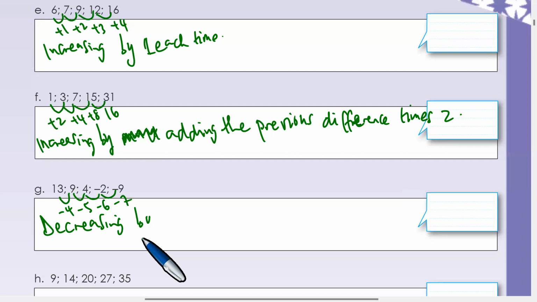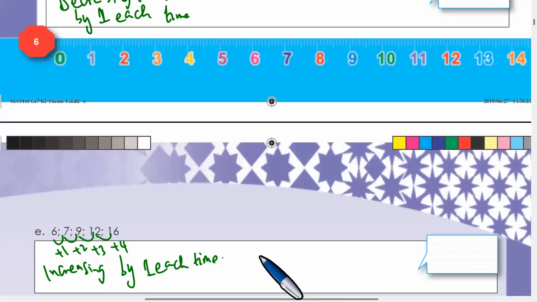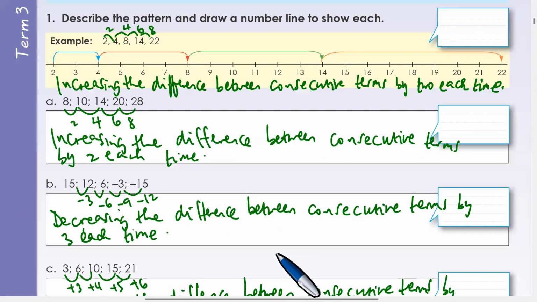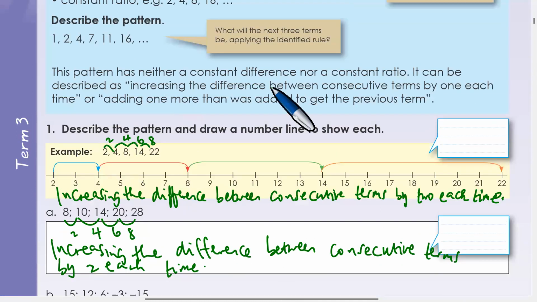Okay, what do you think is happening? How do you describe G? So we are decreasing by 1. Yes. Like we said here, increasing the difference between consecutive terms by 1 each time.